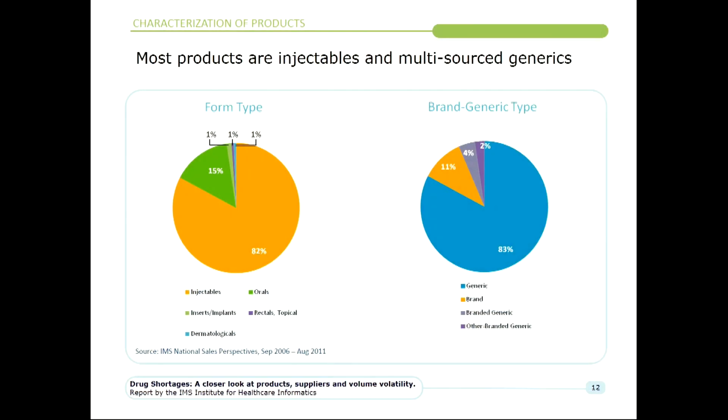This is from a document published by IMS in 2011, where they noted initially that about 80% of the drugs that were in shortage were injectables, and more than 80% of them were generics, very old drugs.